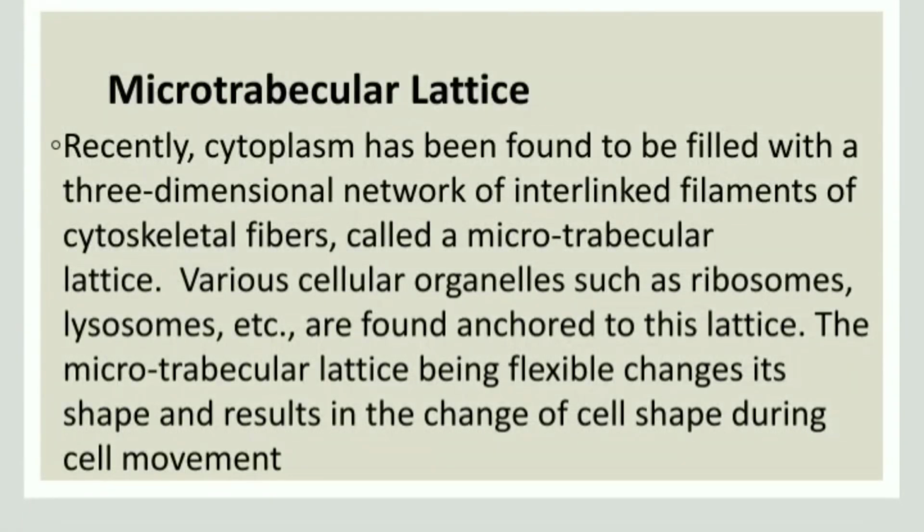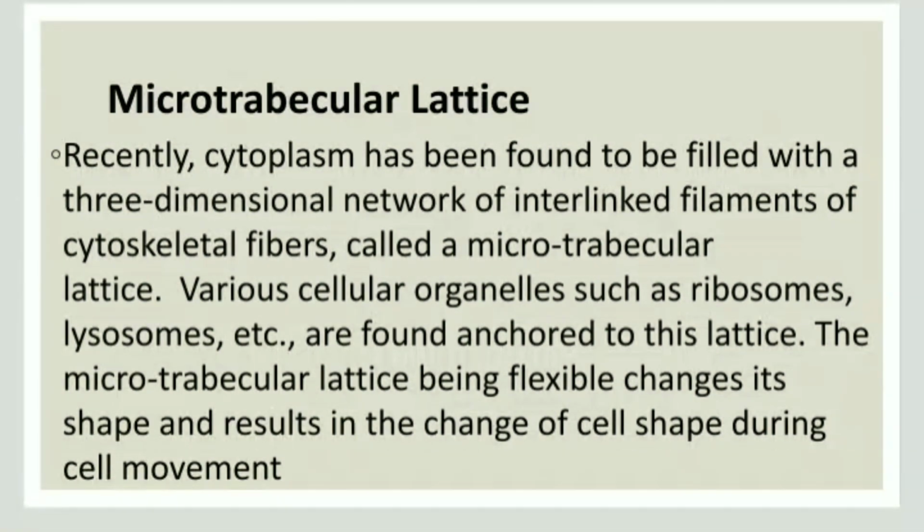Recently it was found that the cytoplasm has a three-dimensional network, and this network is made up of interlinked filaments, that is, it is made up of cytoskeletons. And this is known as the micro-trabecular lattice. Organelles such as ribosomes, lysosomes, etc. are found anchored to this lattice. This lattice is flexible and helps in change of cell shape, that is, it helps during cell movement.